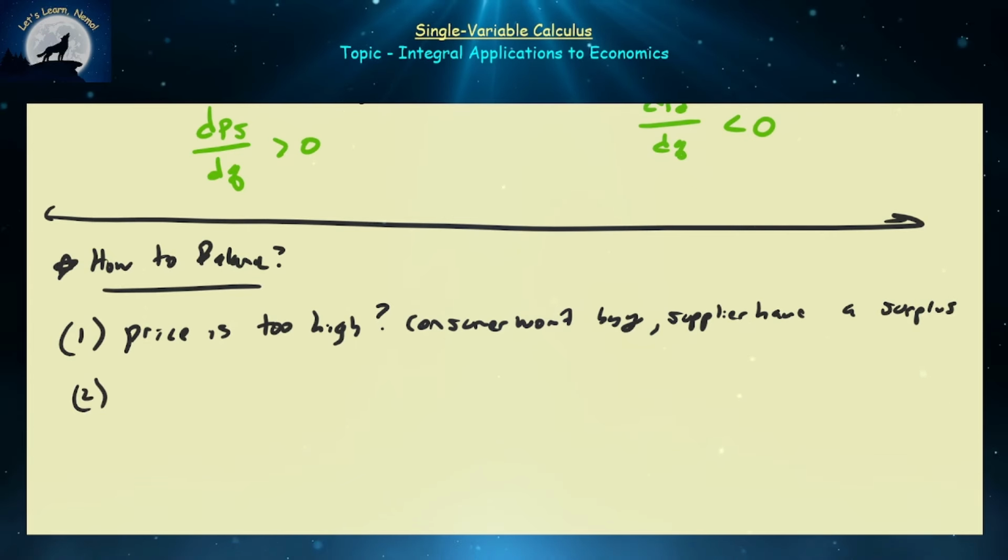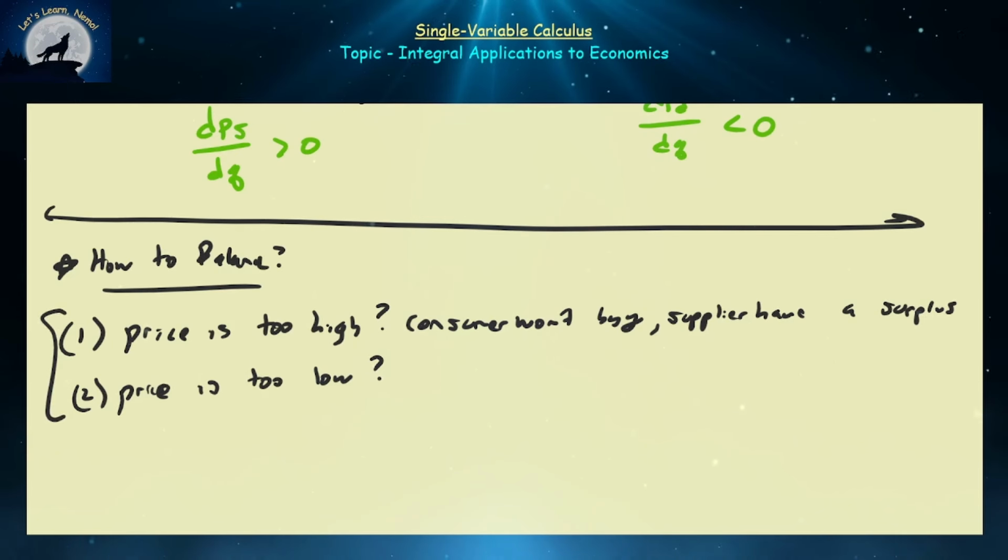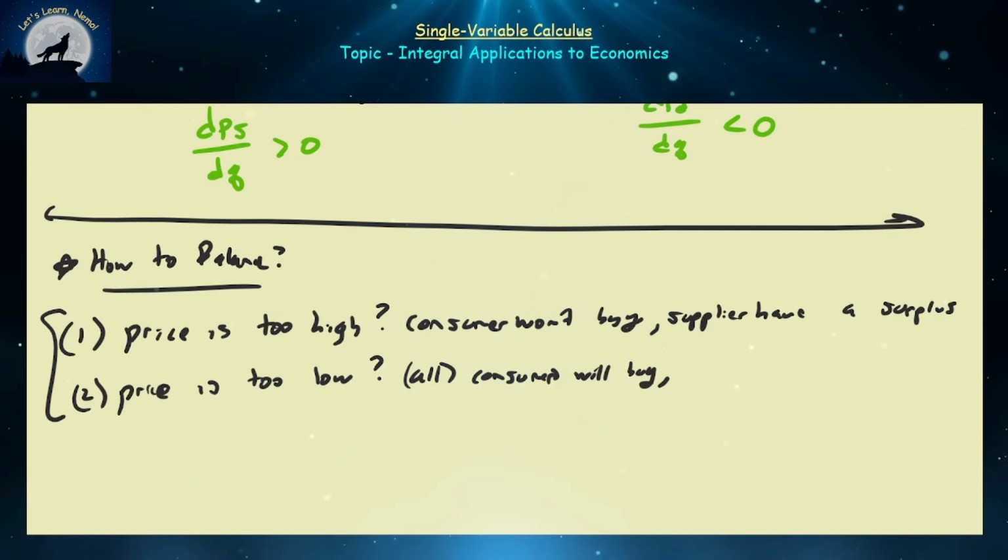And a second scenario, if the price is too low, then the consumer's obviously going to buy them because everything is so cheap, right? So in that case, ideally, all consumers will buy if they can, but most of the time the suppliers will run out of stock, and therefore they're going to have a shortage.